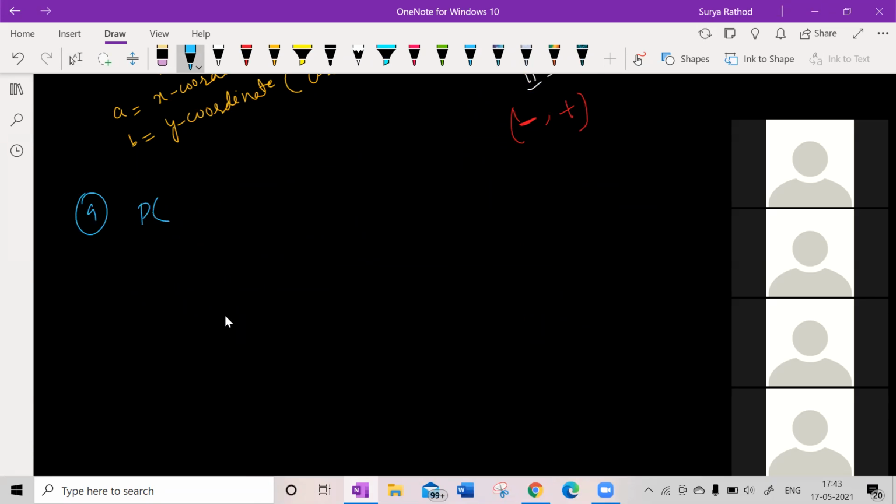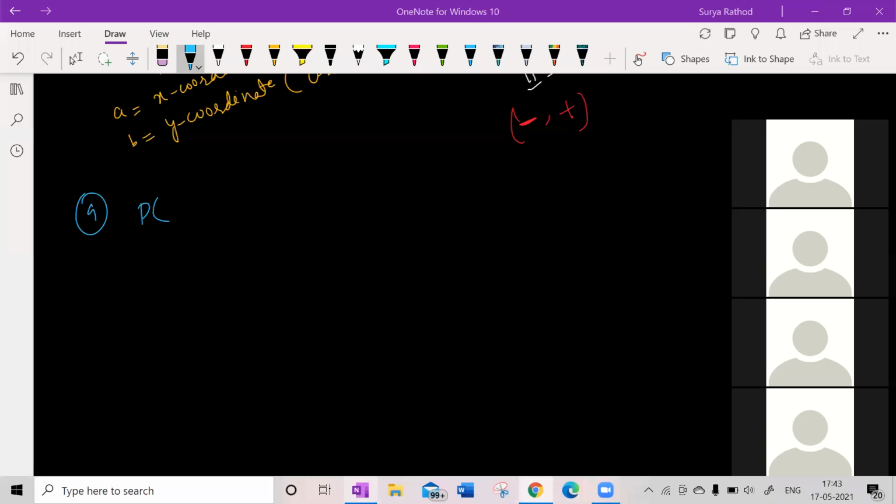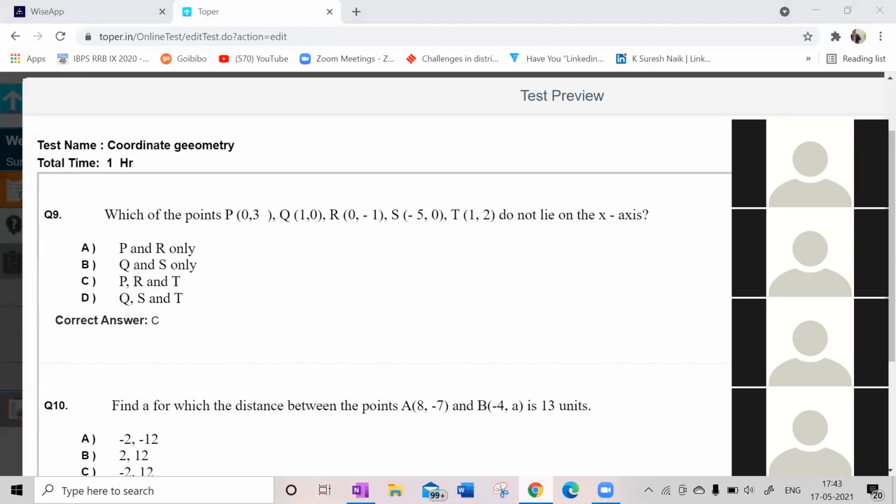P is (0, 3), Q is (1, 0), R is (0, -1), S is (-5, 0), and T is (1, 2). Am I right? Yes, sir.